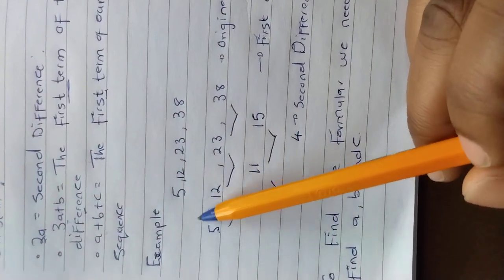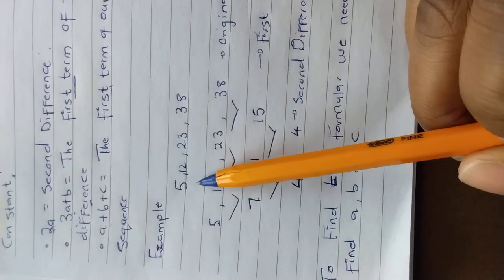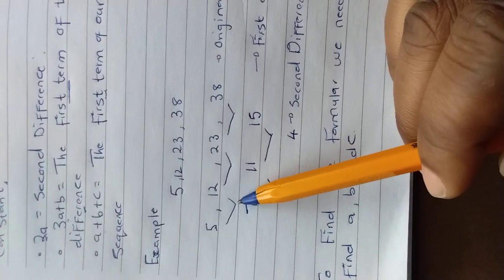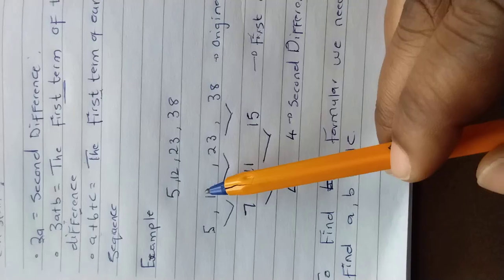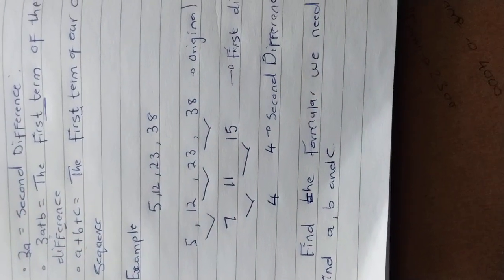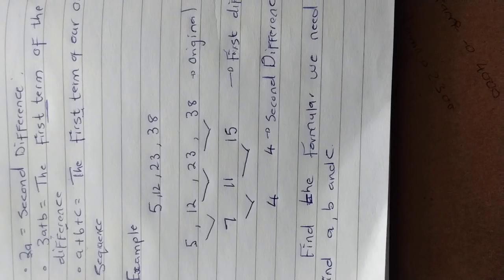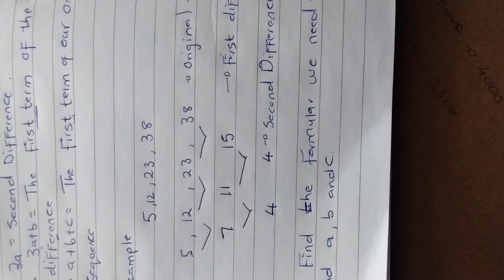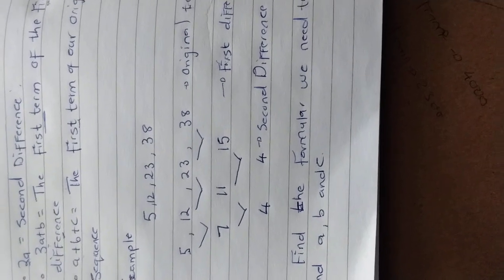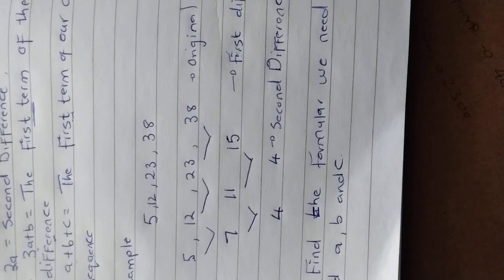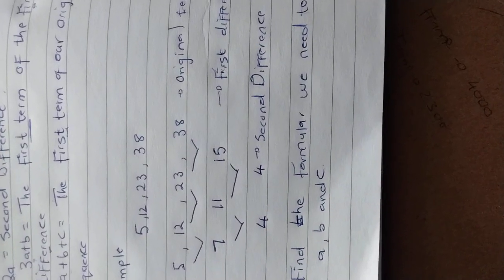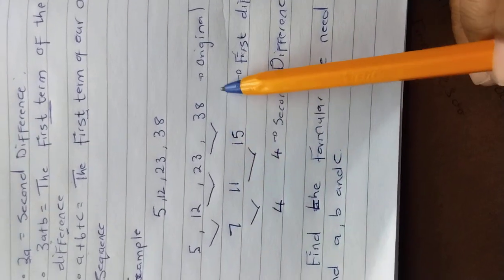So what we have right here is our original pattern, and then we do our first difference. We find our first difference the way we did with an arithmetic sequence. It's just that with an arithmetic sequence, we only do the first difference because the first difference is constant. But with a quadratic, we have the second difference because our first difference right here is not going to be constant.